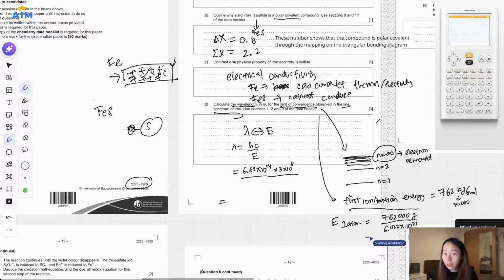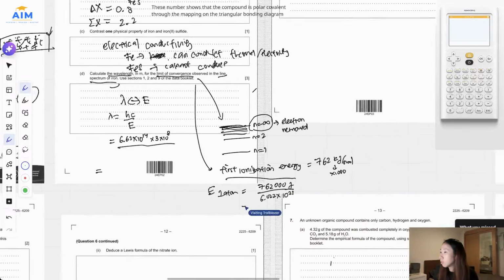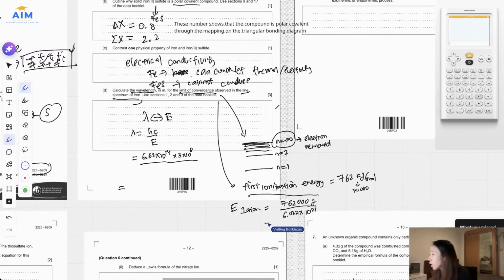Then if we use the calculator, 762,000 divided by 6.022 times 10 to the power of 23, we got 1.266 times 10 to the power of negative 18.